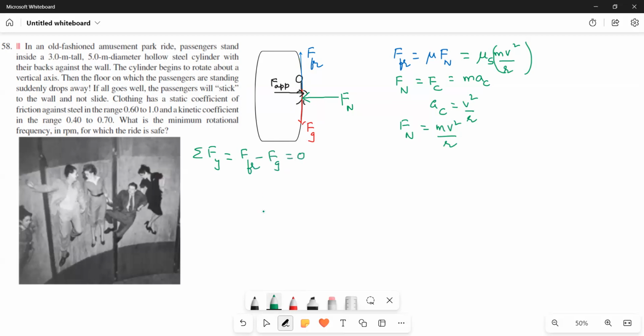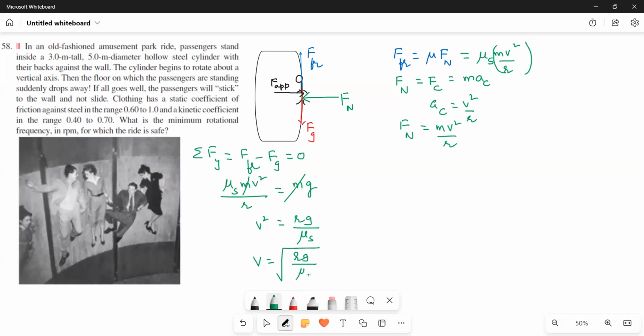Now instead of F friction, I will write this value: mu s times m v squared over R is equal to mg. Mass goes off. Therefore, v squared is equal to Rg divided by mu s.